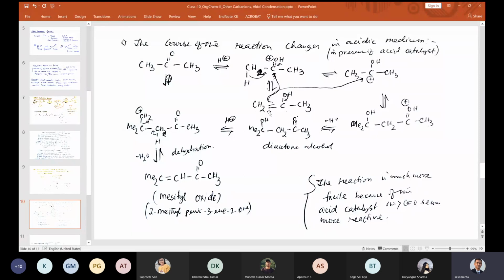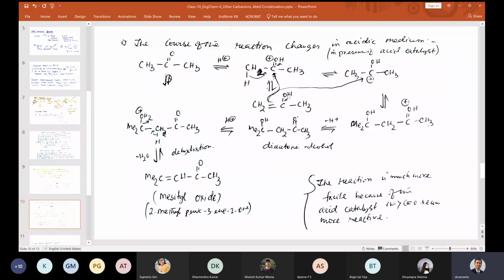So now this enol part, earlier it was the carbanion part, this time it is the enol part. So this double bond comes here, this double bond now can attack this carbon center. You can also represent this in this way, just a single bond OH and a plus center here.